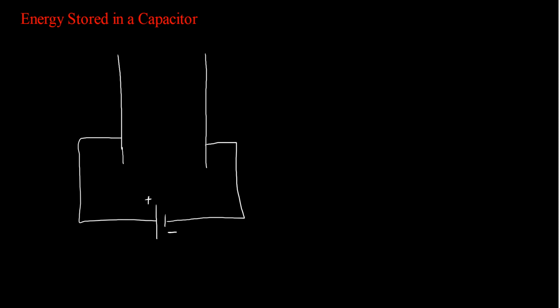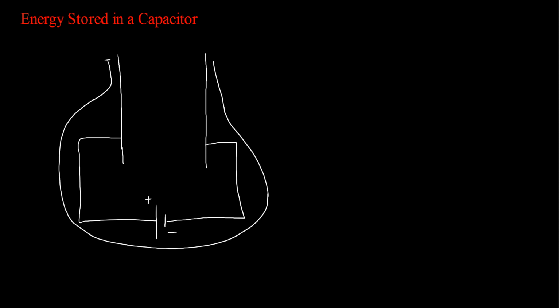Now, it will be the work done by the battery to move the charges. As a start, I will have one charge being moved from one side to the other side. We're taking this charge all the way around to make this side of the plate negative, and that's going to take some time.